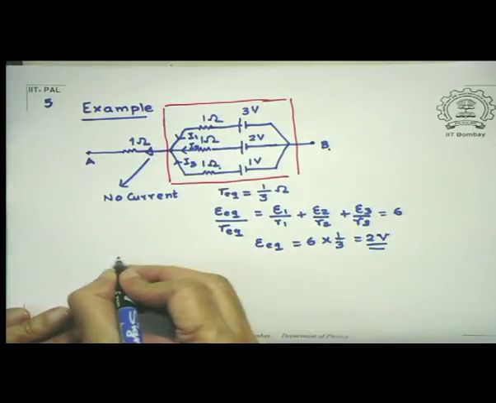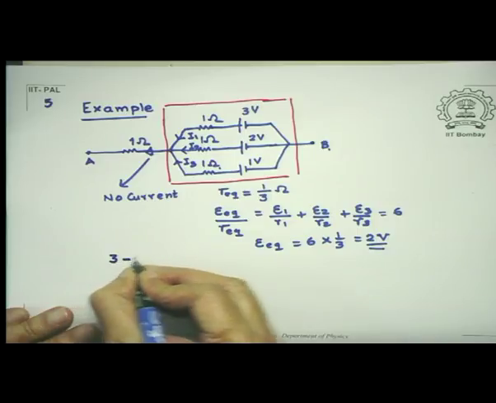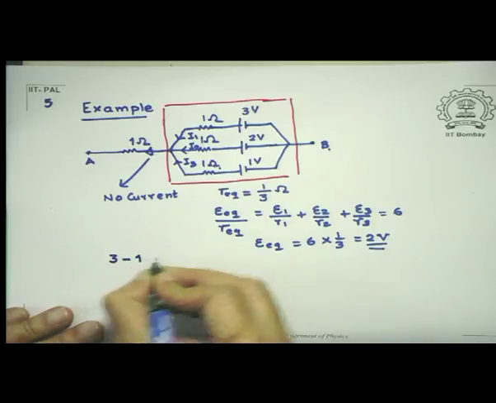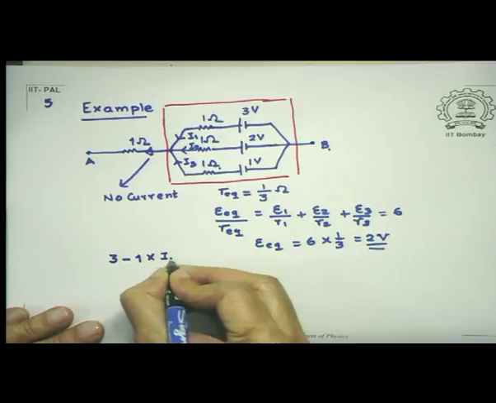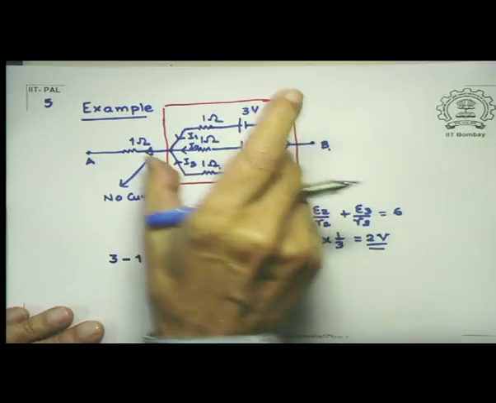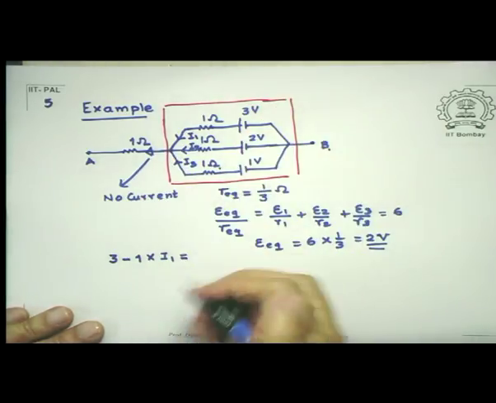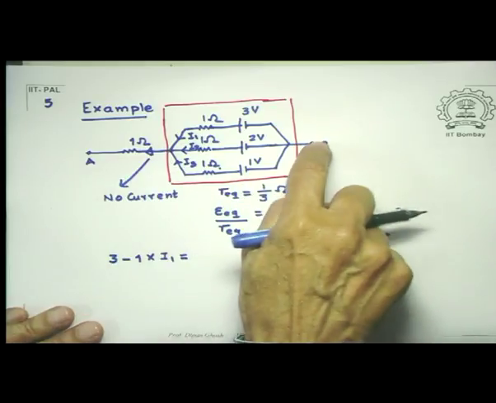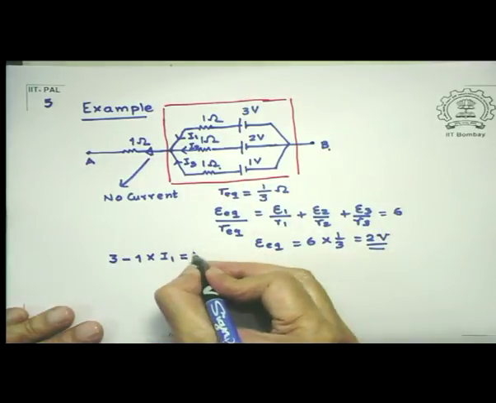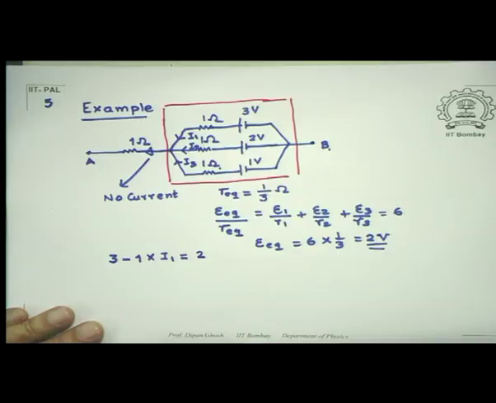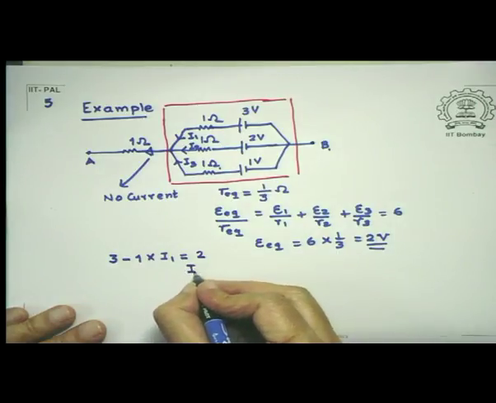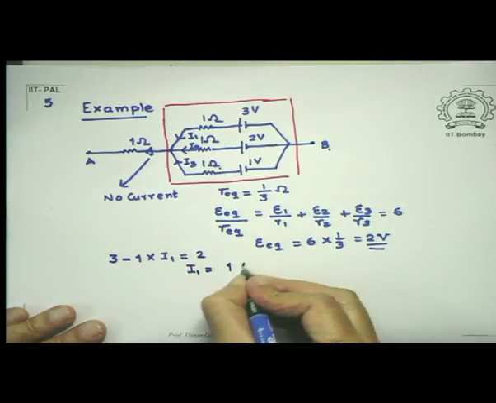So my equation is 3 minus 1 ohm into I1. That must be equal to the potential difference between these two, which is, because there is no current, the same as 2 volts. Which tells me that I1 is simply 1 ampere.